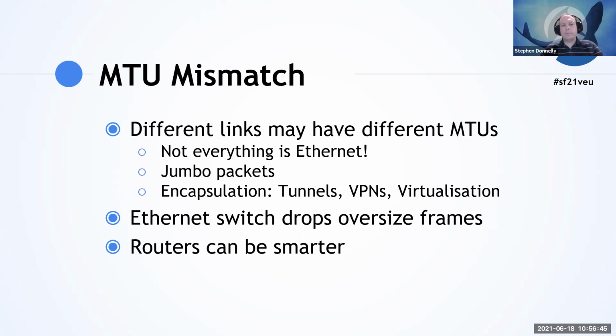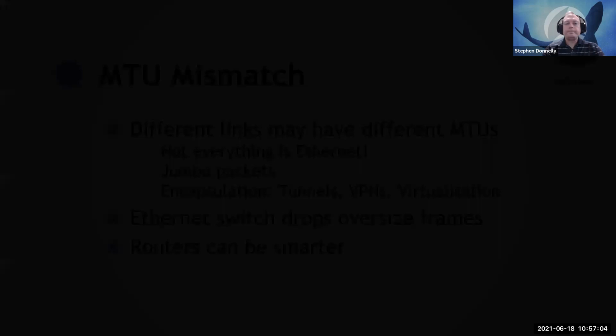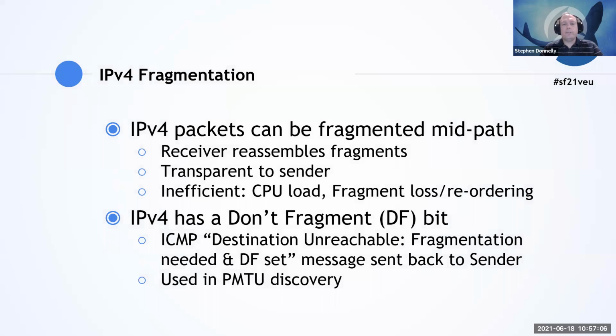And the reason this is a problem is that an Ethernet switch can only drop frames that are too large. So if I'm an Ethernet device and my MTU is 1500 and I receive a packet that's larger than that, there's no way for me to do anything about it except drop it. Whereas an IP router can be a bit smarter. So if it's an IPv4 network link, packets can be fragmented mid-path.